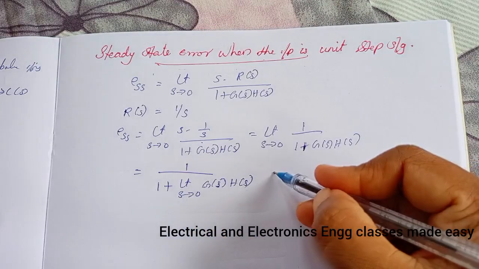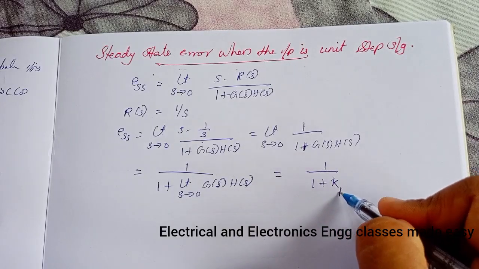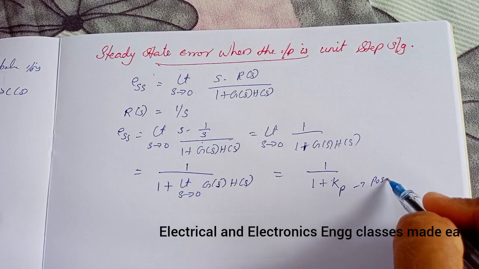So we can write 1 divided by 1 plus Kp, where Kp is the positional error constant.